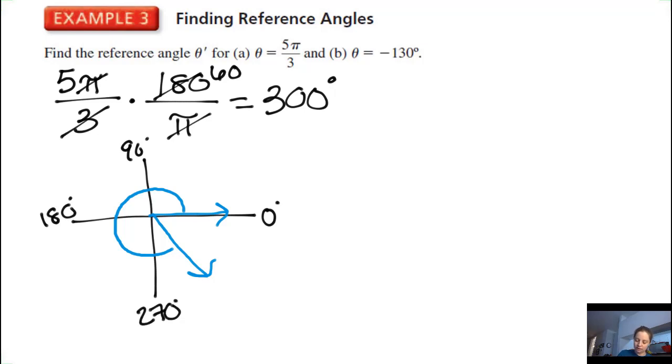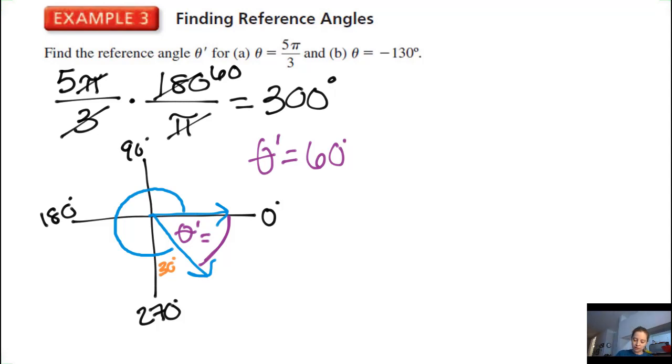So 300 is 30 degrees plus 270. And theta prime is the angle formed by the terminal side and the x-axis. A couple of ways I can tell that theta prime is going to be 60 degrees. One, because this is 300 degrees, so to get it that last way is 60 degrees.